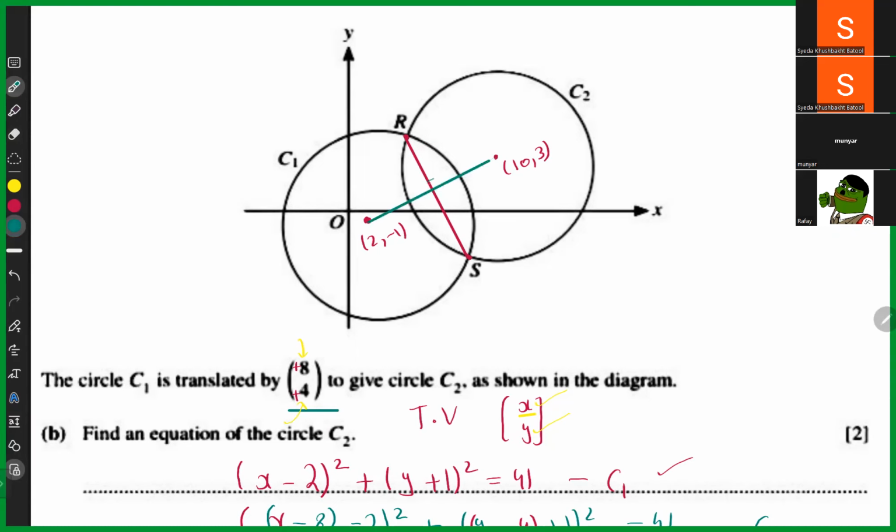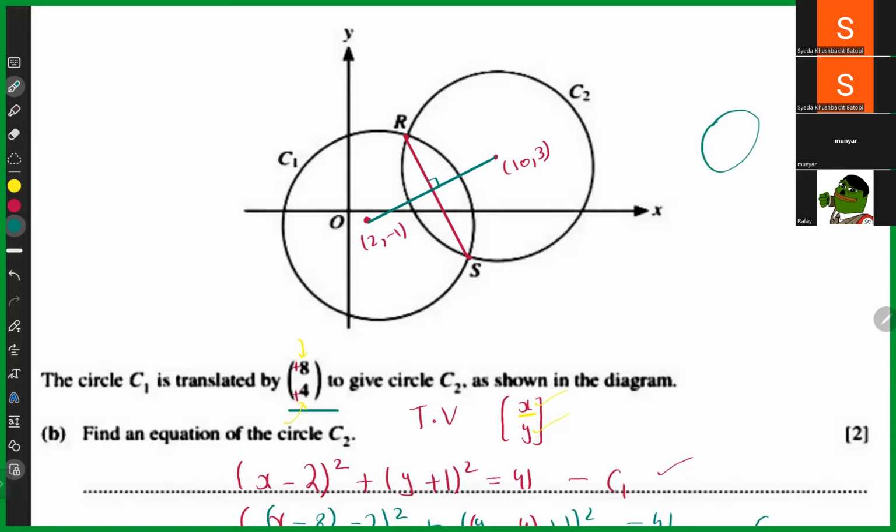If I connect the two centers, the line I made by joining them is basically the perpendicular bisector of RS. It is going to perpendicularly bisect the line RS. It doesn't look like the way I've made it, but imagine you have two circles with some intersection.